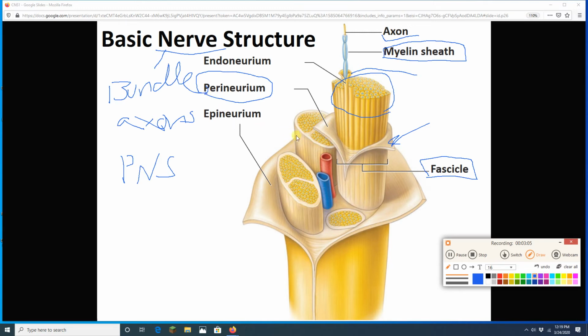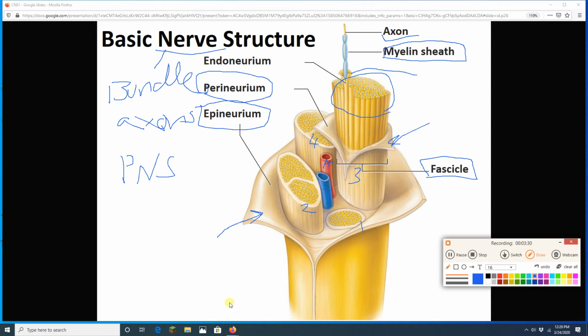And then what we do is we take a bunch. We have 1, 2, 3, 4 fascicles plus an artery and a vein, and we group them all together and put a really thick layer of connective tissue around them. And that final thick layer of connective tissue is the epineurium.